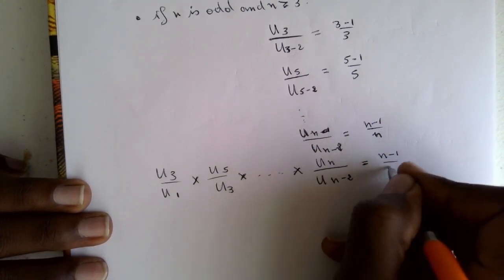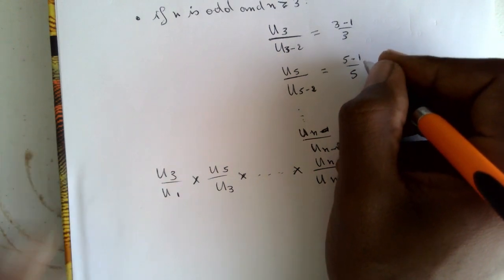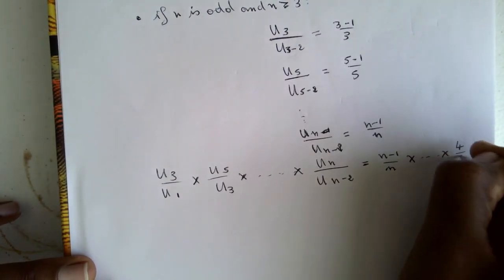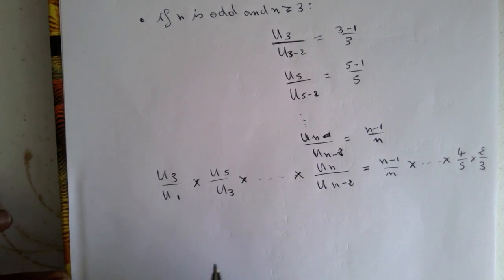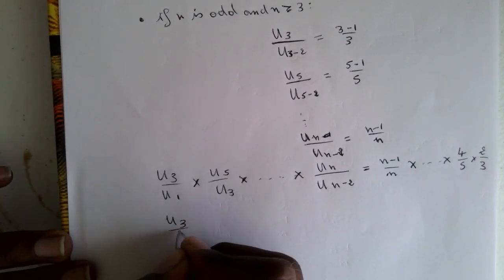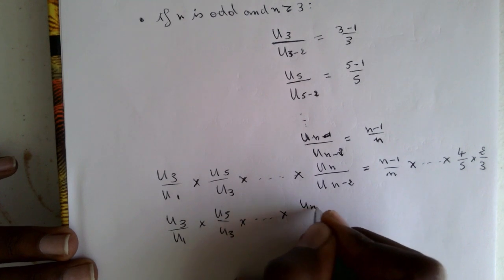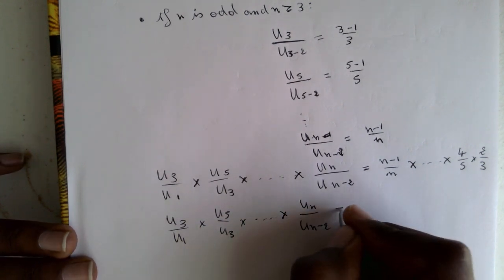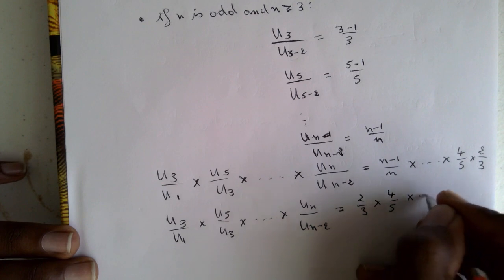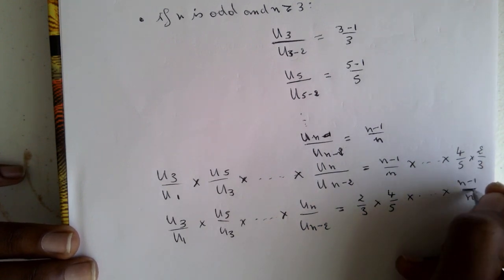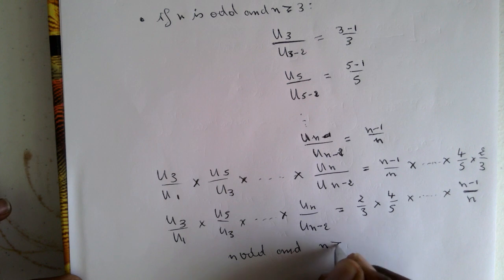This is equal to 2/3 times 4/5 times etc. times n minus 1 over n, for n odd and n greater than or equal to 3.